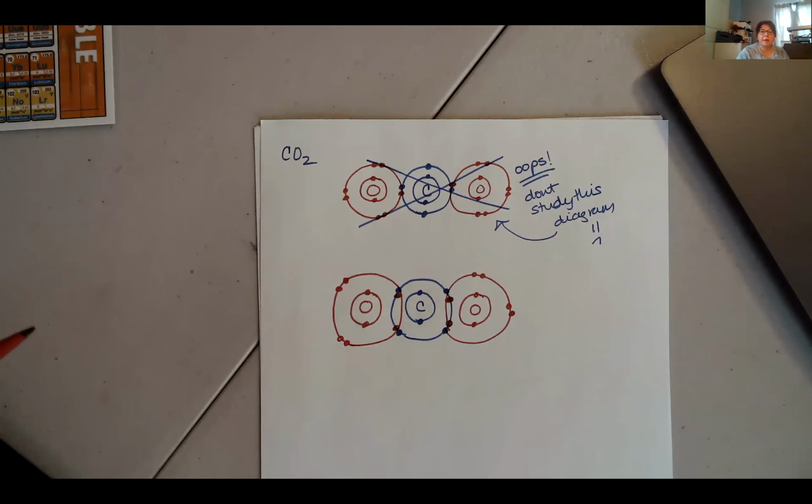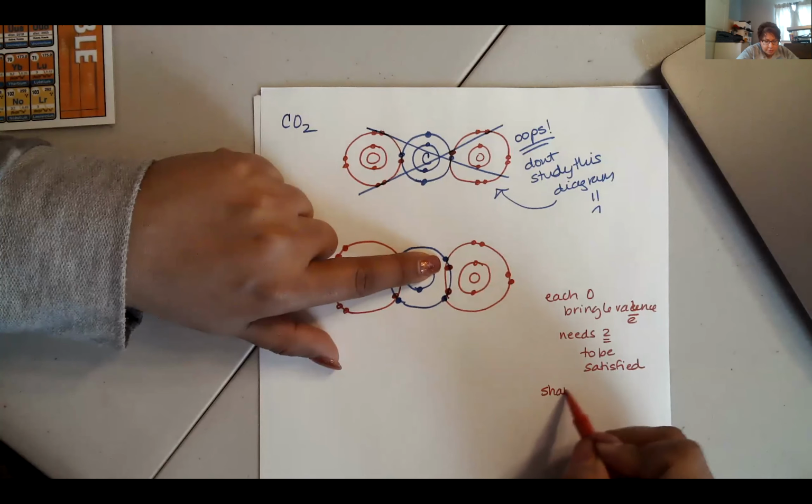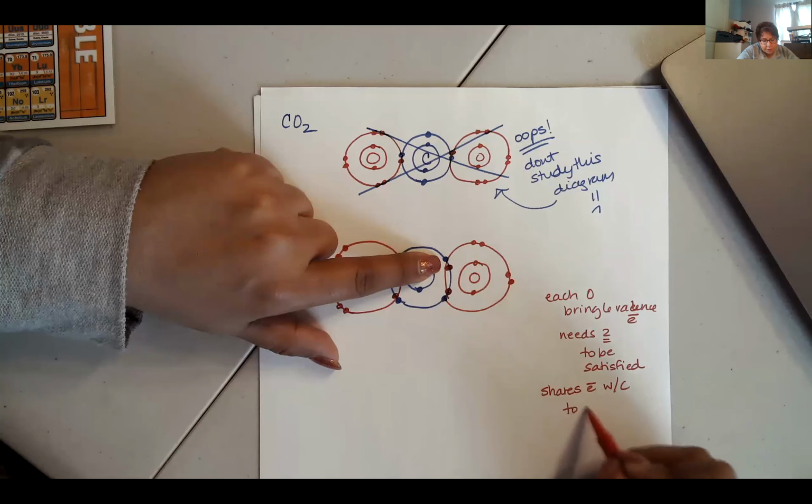So in order to be satisfied, it will actually share some electrons with carbon. And so now the red dots are the 6 of oxygen, but it's sharing the blue ones with carbon. So it shares electrons with carbon to achieve what we call the octet, or 8 valence electrons.